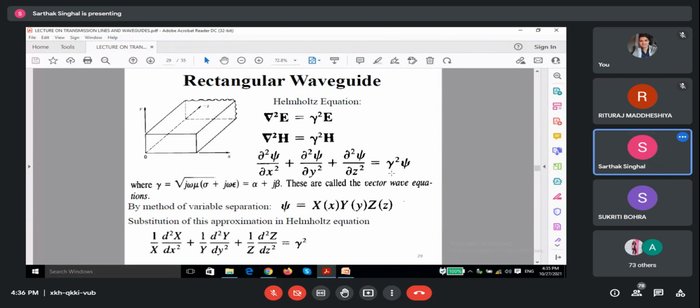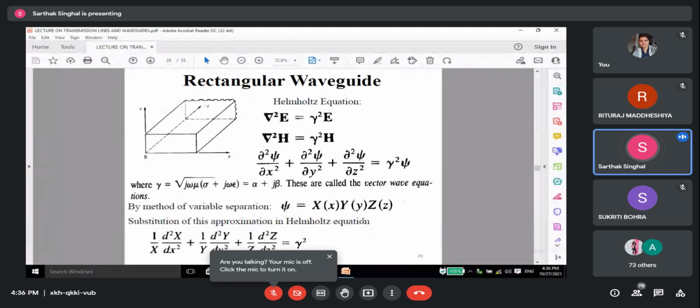So now we have to solve this equation. All the E and H both are functions of three components, that is X, Y, and Z. So what we have done, we have considered that E or the psi is a product of three functions which are dependent on only a single variable.